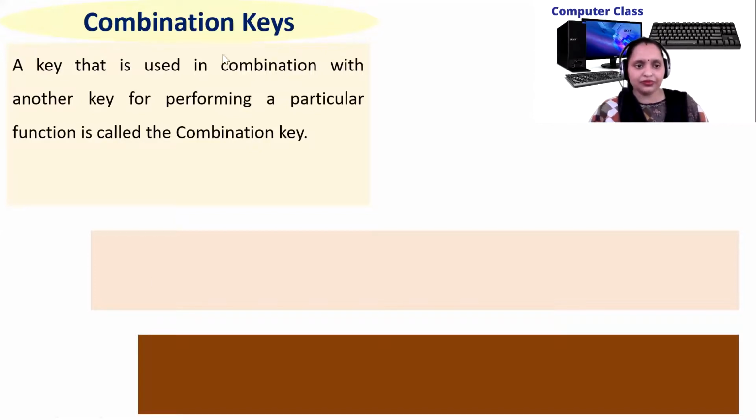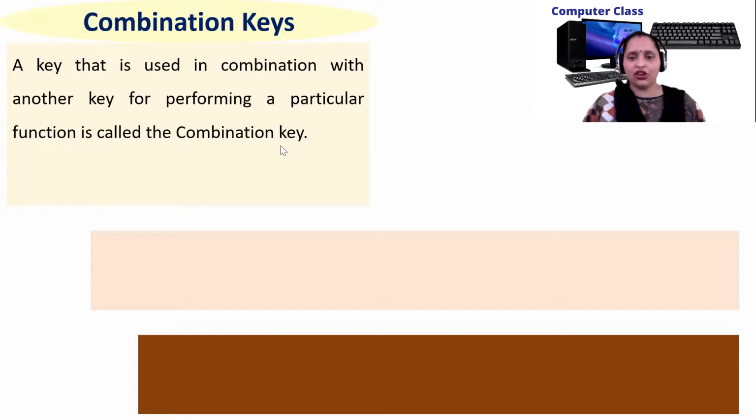A key that is used in combination with another key for performing a particular function is called a combination key. When we use a key along with another key at the same time, using both keys at the same time, they are known as combination keys.